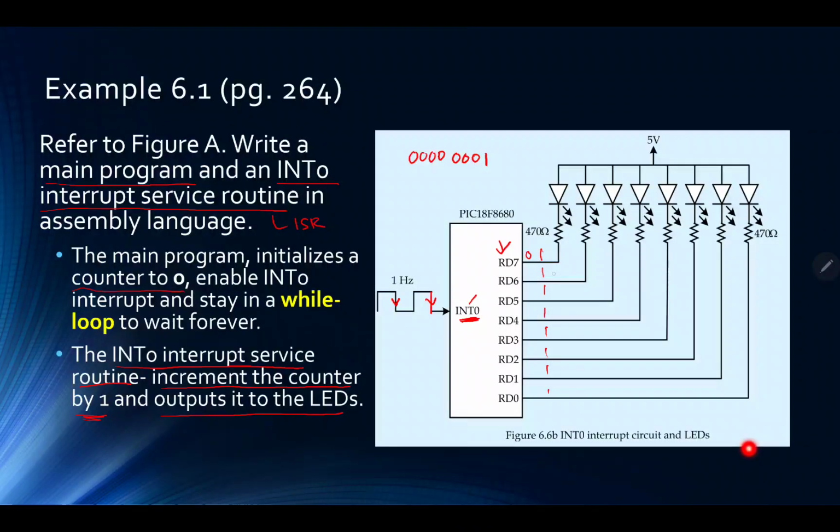But here if you put 1, 0, 0, 0, 0, 0, 0, 0, this LED, the first LED will be... oh sorry, what am I doing? My bad. Here's 0. So when you have 1, 0, 0, 0, 0, 0, 0, 0, what happens is only this LED will be off, the others will be on.